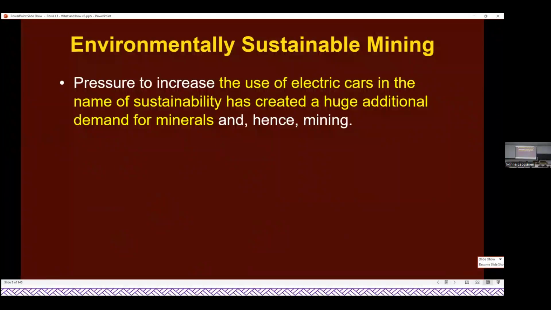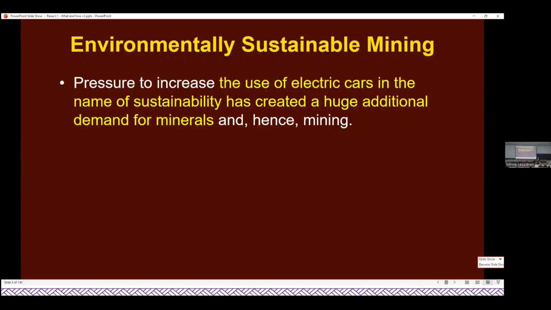So we'll be taking quite a journey. And I want to put this all in context of environmentally sustainable mining. As you're probably all aware, we're seeing a massive increase in the demand for minerals worldwide. Much of it is due to electric cars. And the purpose of electric cars is a more sustainable environment.